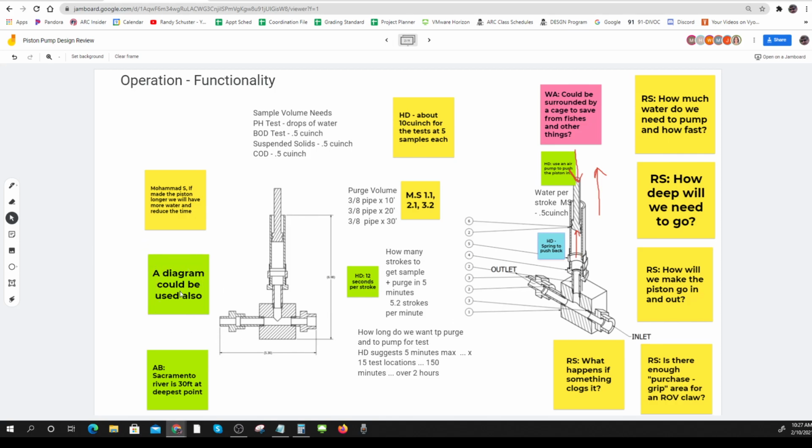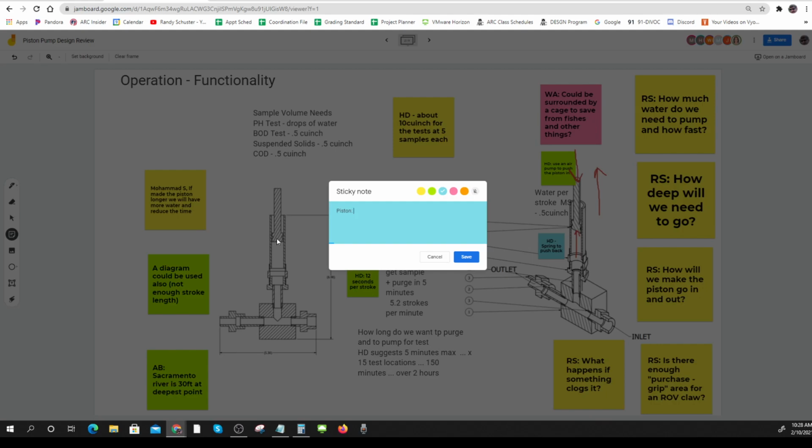And a diaphragm is easier to push back, but a diaphragm doesn't have as much stroke length. A diaphragm can only stretch a little bit. So a diaphragm would have to have a big diameter and a small stroke length. A piston would have a small diameter and a big stroke length. So let's write that down.